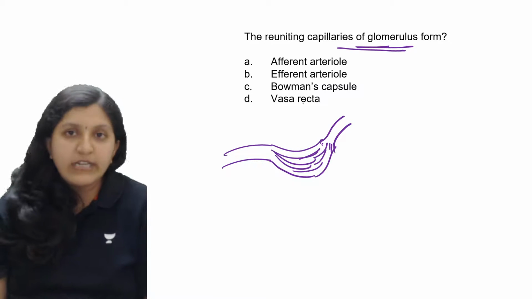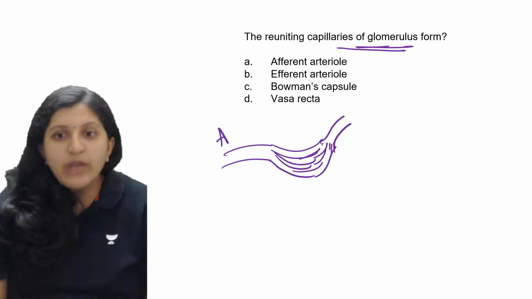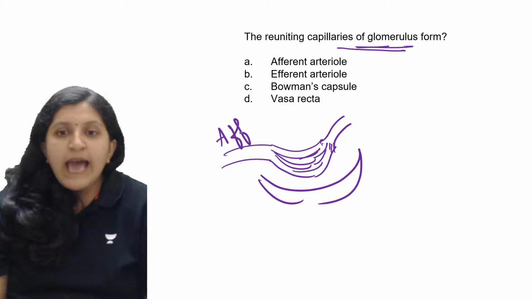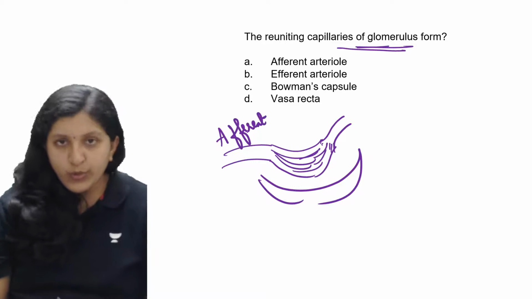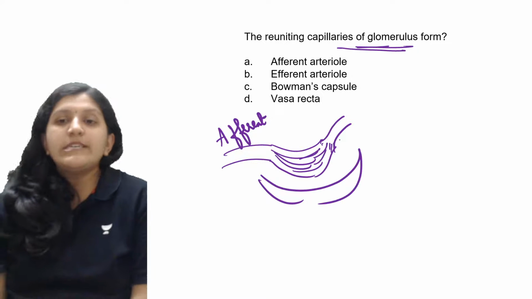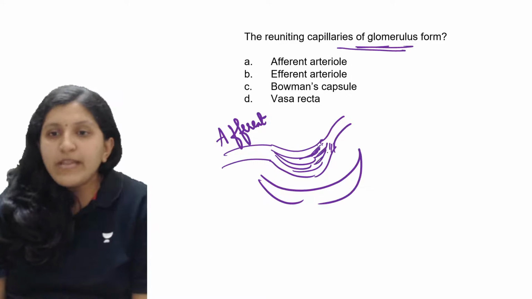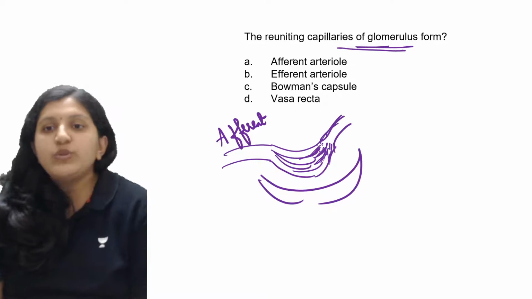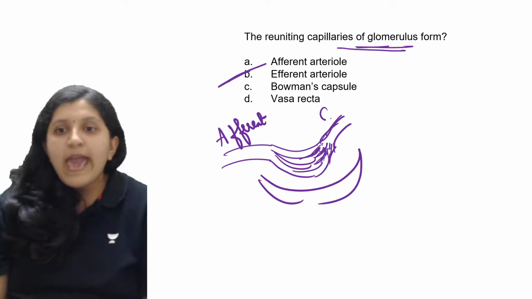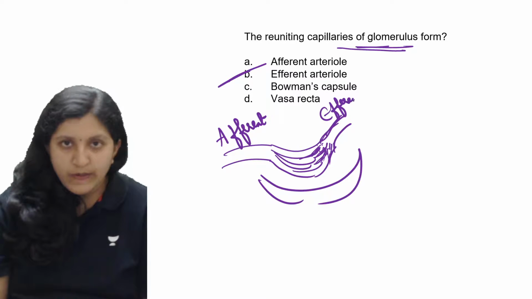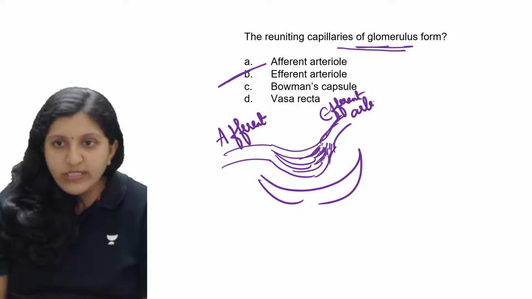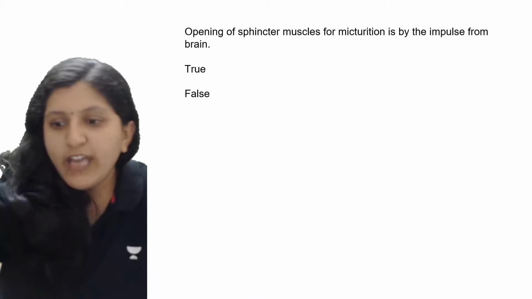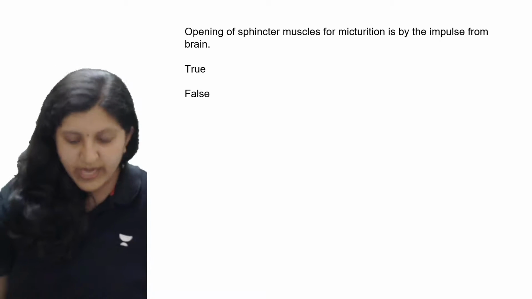The one entering the Bowman's capsule we call the afferent arteriole. All these capillaries are reuniting and forming this structure, which we call the efferent arteriole. All right, any doubts till this part? Any doubts that you have, you can ask.